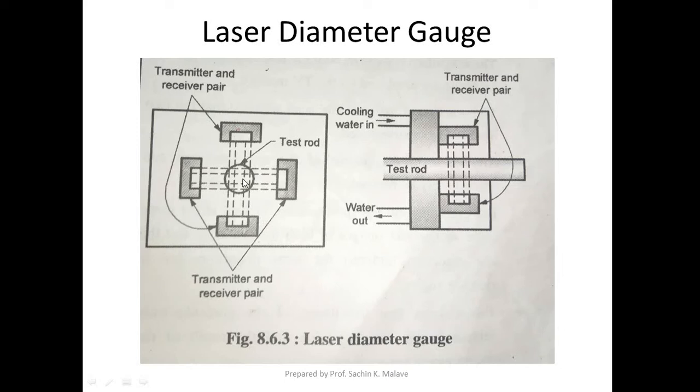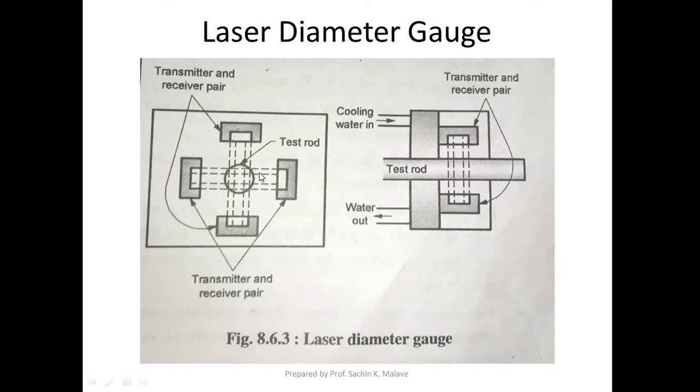When the rod passes between the transmitter and receiver, the light falling on the receiver is reduced. When there is nothing in between, whatever light is transmitted by the transmitter, the same amount is received by the receiver. But as the test rod intercepts the path of the laser light, the amount of light received by the receiver gets reduced.